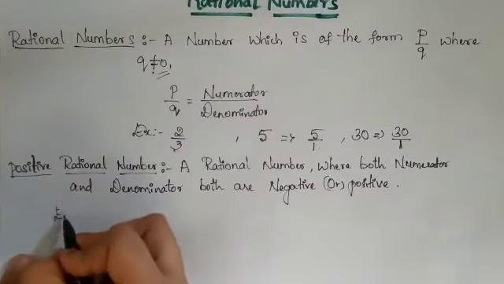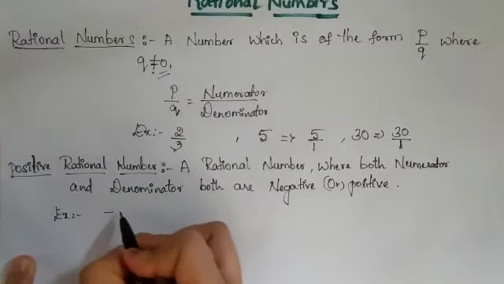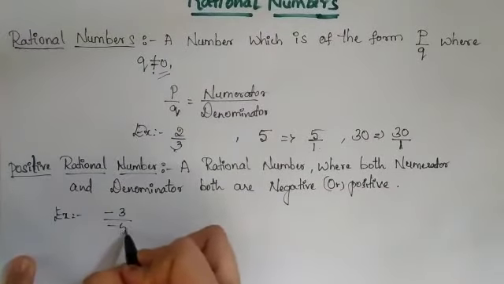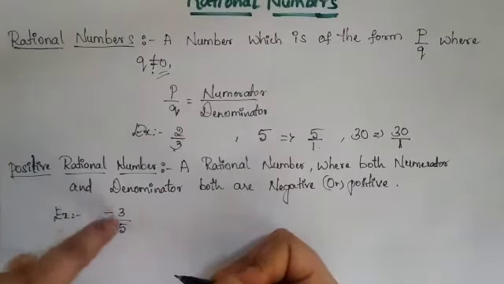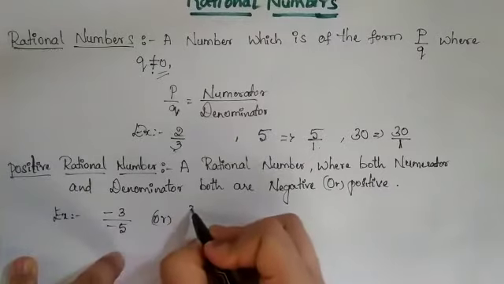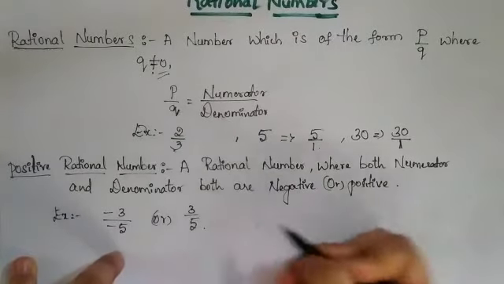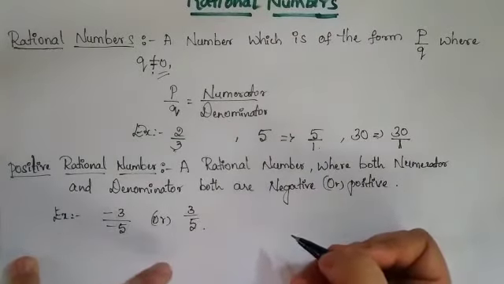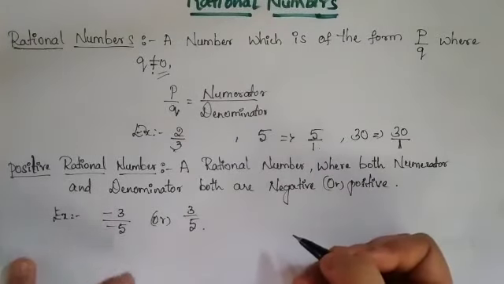For example, minus 3 divided by minus 5. In these cases we consider it a positive rational number.